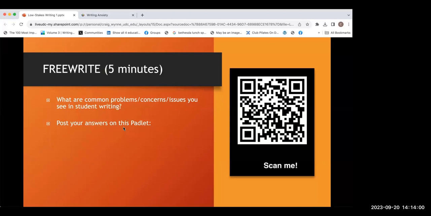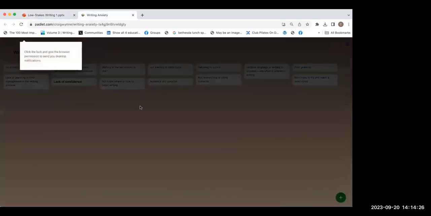Since students are writing an argumentative essay at the moment, they wrote practice claims or thesis statements on the Padlet, and they got the chance to evaluate some of these other thesis statements as well. So it makes writing a much more communal thing, and it gives everybody a kind of safe space to see what everybody's doing, and the anonymity helps as well.